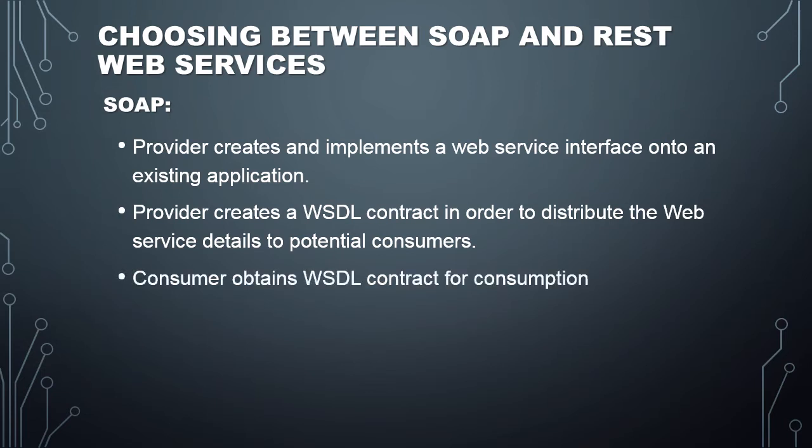The consumer obtains the WSDL contract for consumption. The consumer implements the WSDL in a specific platform, for example Java, C Sharp, C++, PHP, Perl, etc. As we talked about a minute ago, it is programming language independent. And the consumer creates an application in one of those programming languages to call the service.